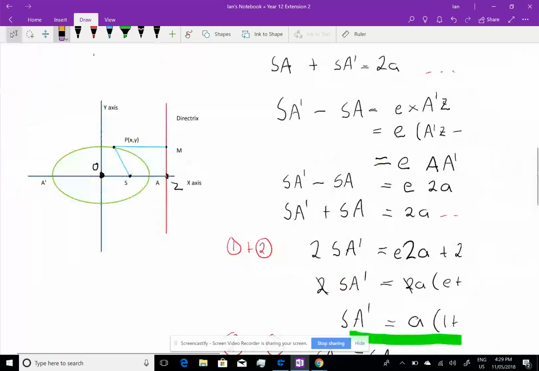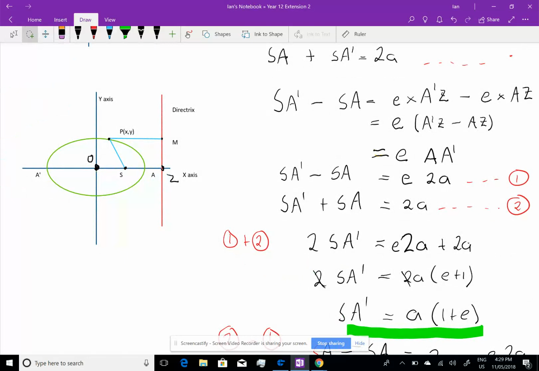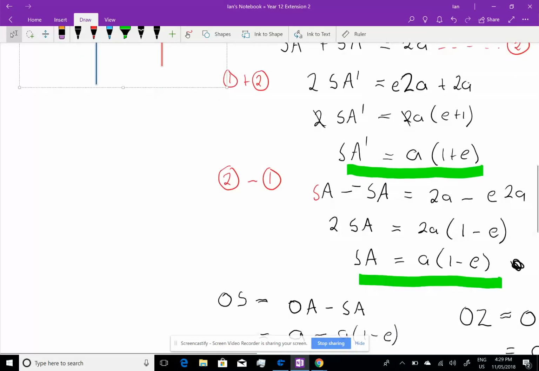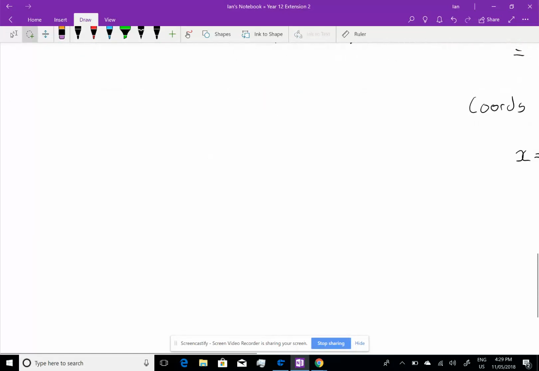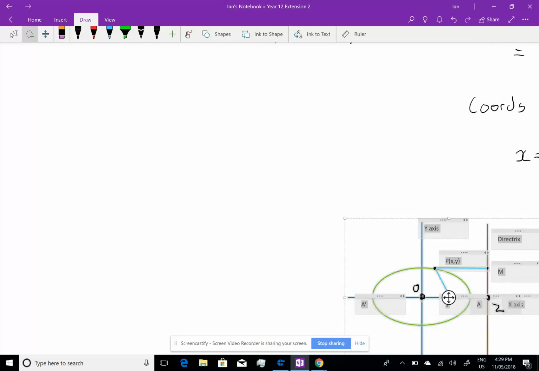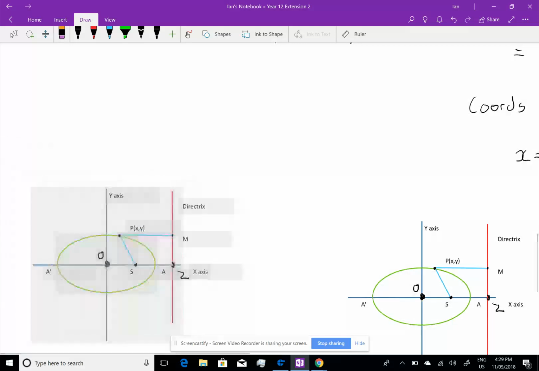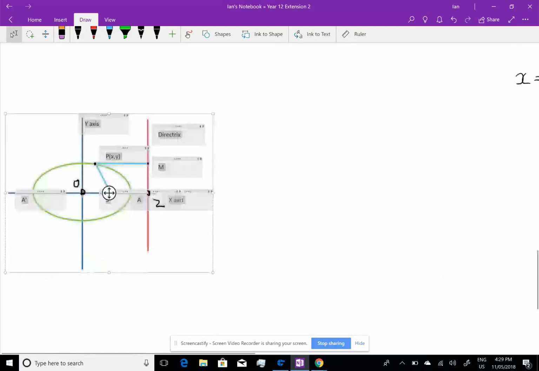Righto. If I zoom in now, and I select all this, I'll get a new copy of it, and I'll put it down here. That'll do. Righto.